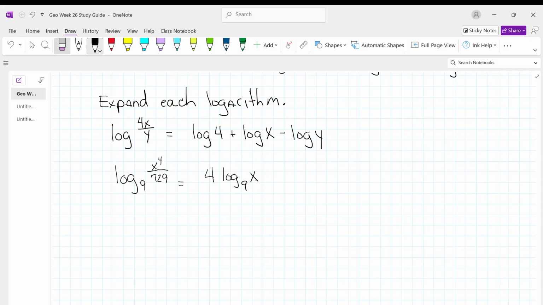Now since we got division, we're going to subtract log 9 of 729. And 9 to the 3rd power equals 729.